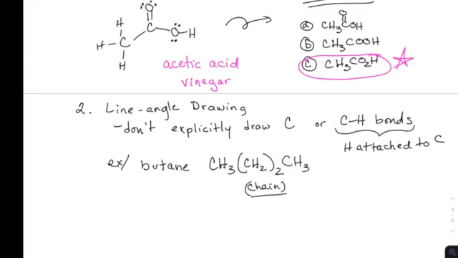So if we were to draw that out, we would have a carbon with 3 hydrogens attached to a carbon with 2 hydrogens attached. I'm drawing this kind of funky for a reason, so let's play along for a second. Then a carbon with 2 hydrogens attached. These are the 2 CH2 groups.